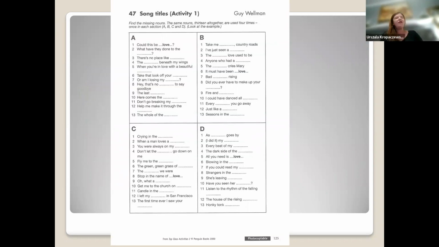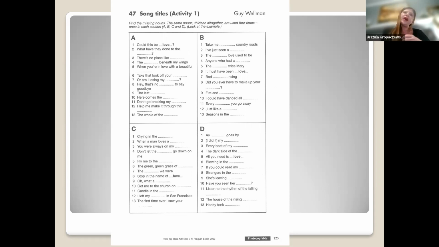Here you have a very nice example of a group activity, okay? Students are divided into groups, everybody in a group of 4 people. Everybody in the group gets an A, B, C, or D piece of paper, and they first work on it individually.